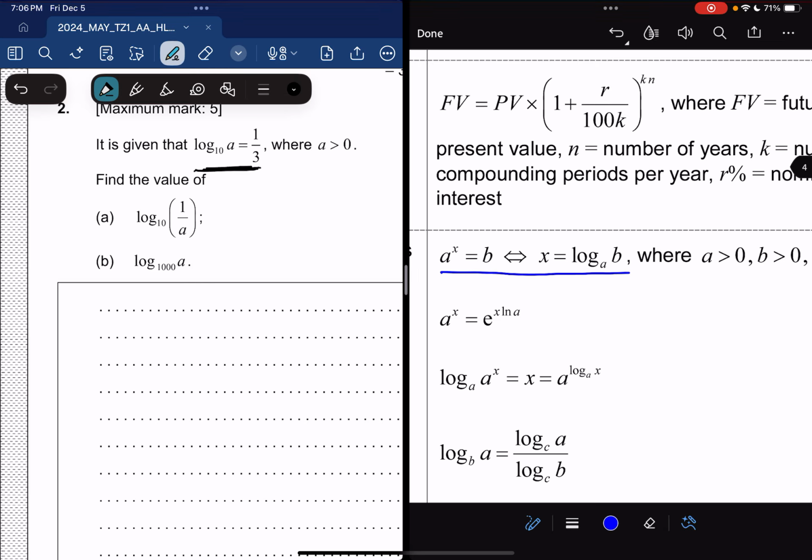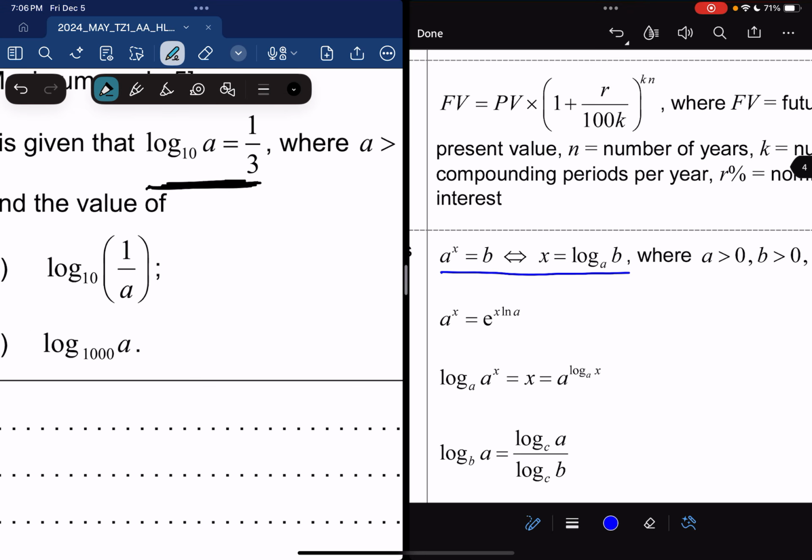Now, I will observe that this 10 is the same as the a in here. This a is the same as the b in here. And this 1/3 is the same as the x right here. With that, I can rewrite this whole logarithmic equation as a to the x equal to b.